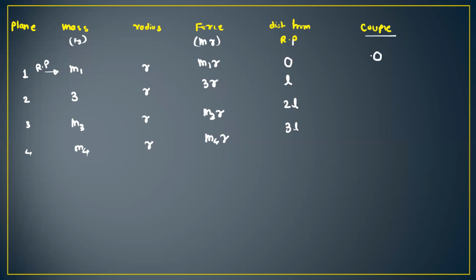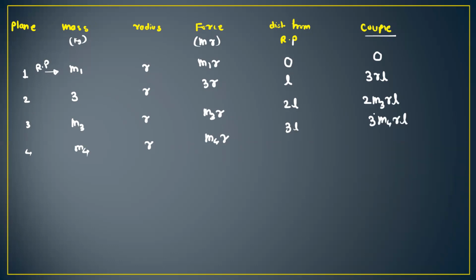So the first couple is 0. Next will be 3R into L. Next will be 2L into m3R, so this is 2 m3 RL. And last is 3 m4 R into L.